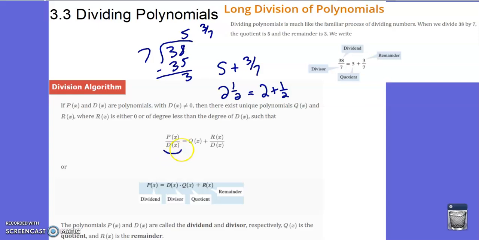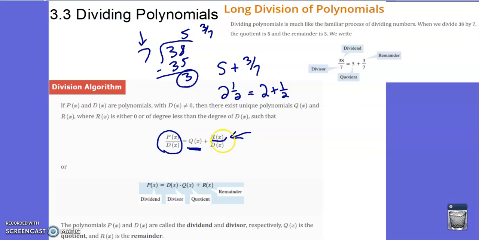So here you have a polynomial divided by another polynomial, and what's going to end up happening is you're going to have the quotient, and then you have a remainder left over. Remember, this is the remainder, but it's being put over the divisor.